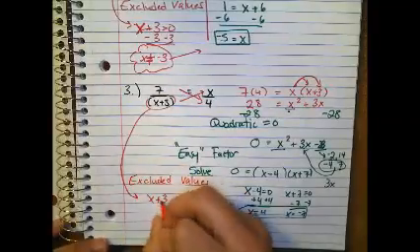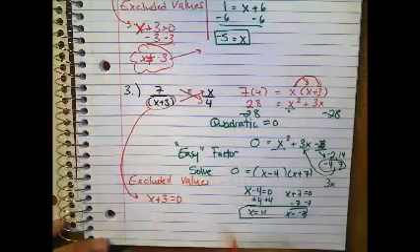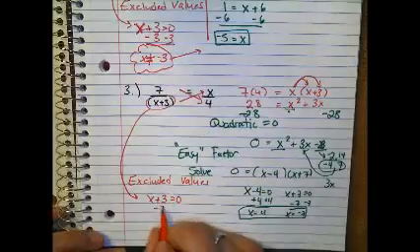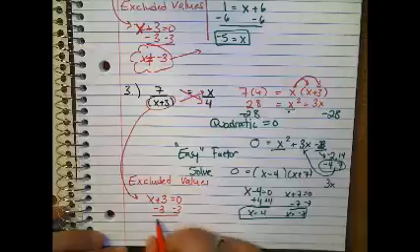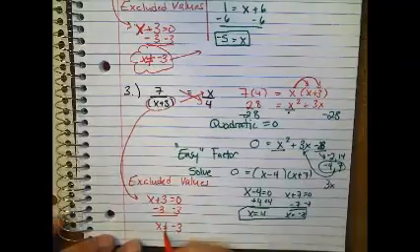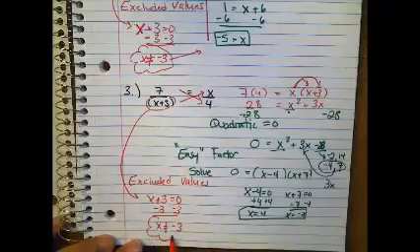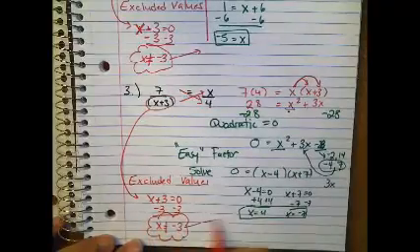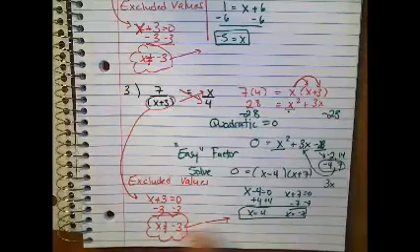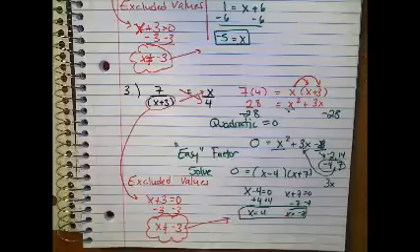And I don't have to worry about my right denominator because my right denominator only has a number 4, which does not contain an x. Therefore, it will not be an excluded value. So solving for my excluded value, x cannot be negative 3. I check it against my answers, and looks like neither one of those are x equals negative 3, so both of those are okay for my answers.